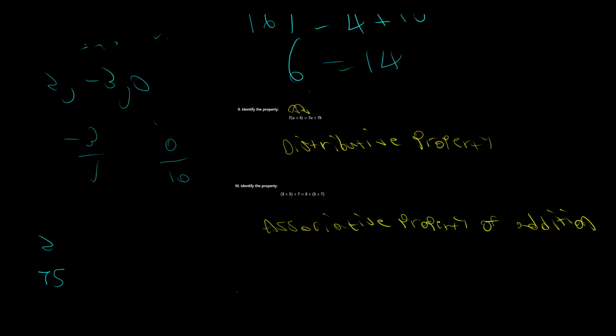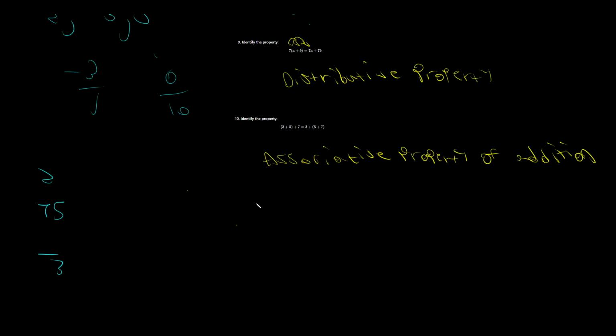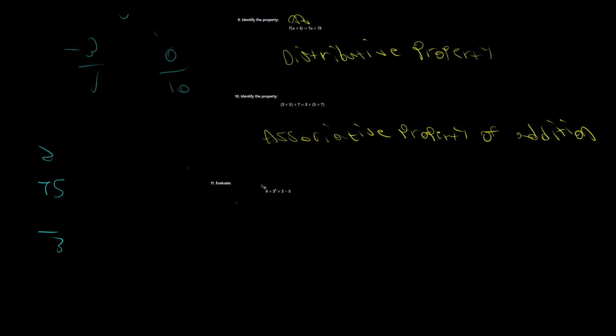We're moving on to section 2, or unit 2. Okay, evaluate this. Exponents first, so 8 plus, exponents first, 3 squared is 3 times 3, which is 9, times 2 minus 5.